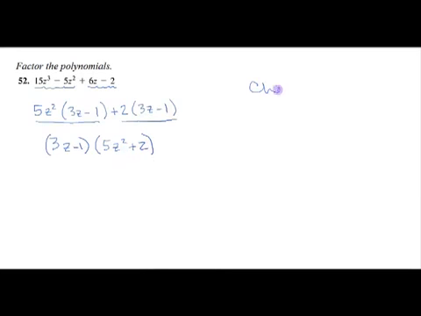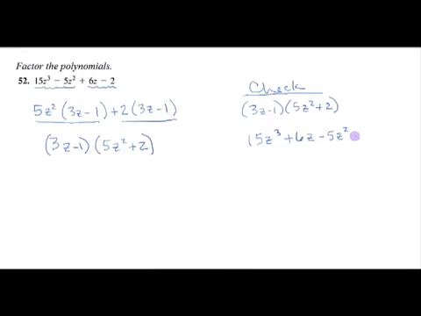Again, we can check this. 3z minus 1 times 5z squared plus 2. I have a 3z times 5z squared is 15z cubed. 3z times 2 is a plus 6z. Negative 1 times 5z squared is a minus 5z squared.